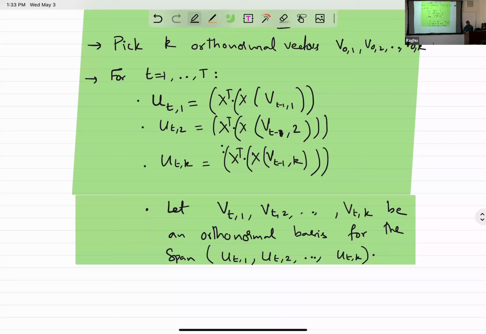Kind of, but the way you would implement it makes a difference. The way you write it is you'll say I'm multiplying X transpose with X, and then V1 up to Vk.